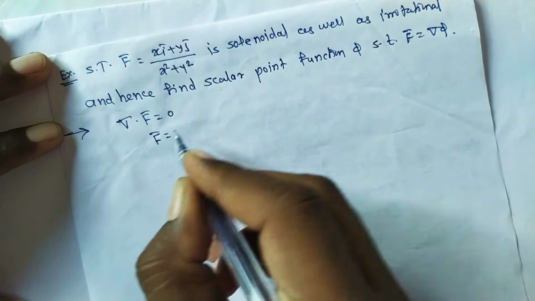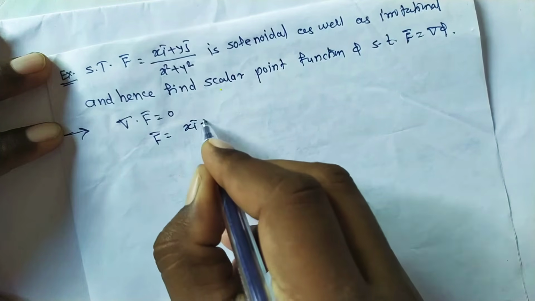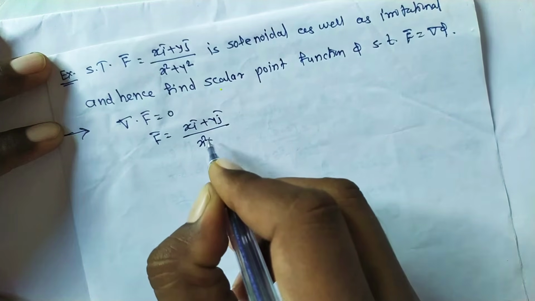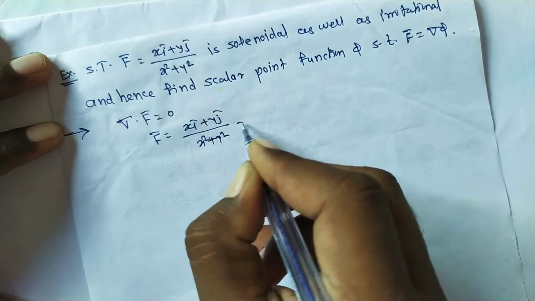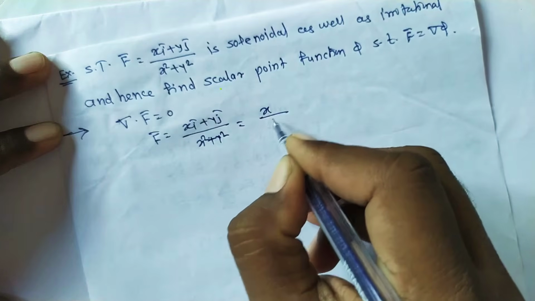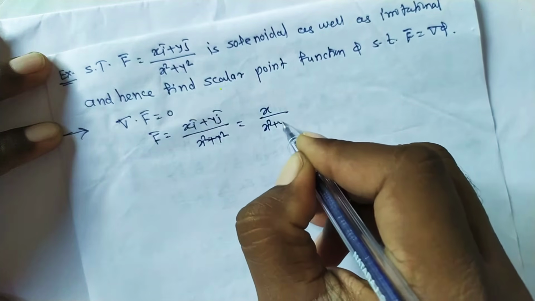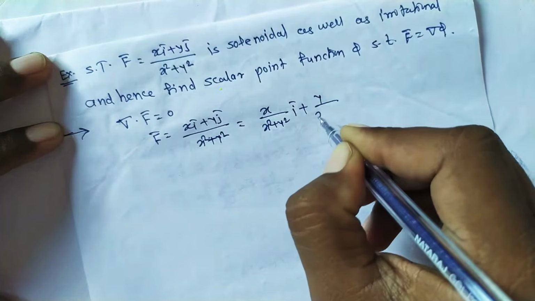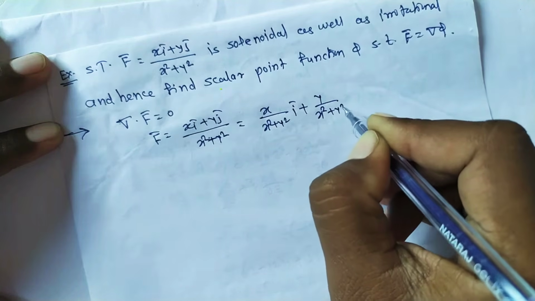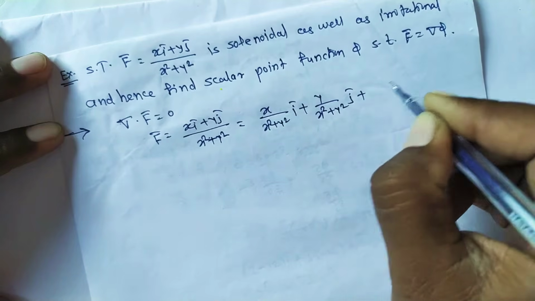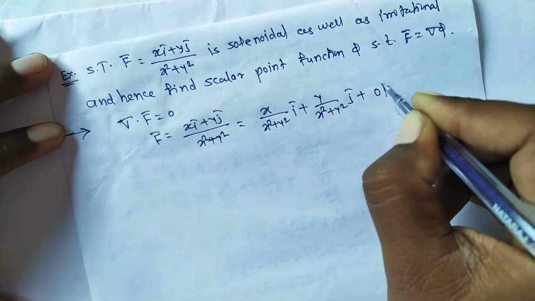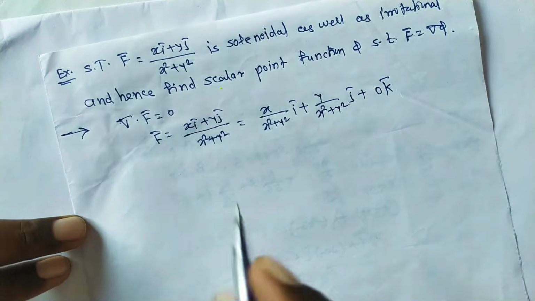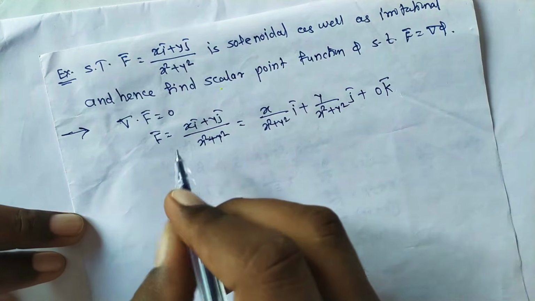Given that F bar equals (x i bar plus y j bar) upon (x square plus y square), it can be written as x upon (x square plus y square) into i bar plus y upon (x square plus y square) into j bar plus 0 k bar. So this is the given F bar and we have to show that it is solenoidal.